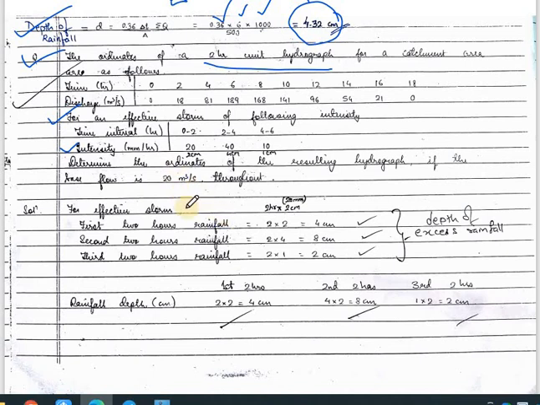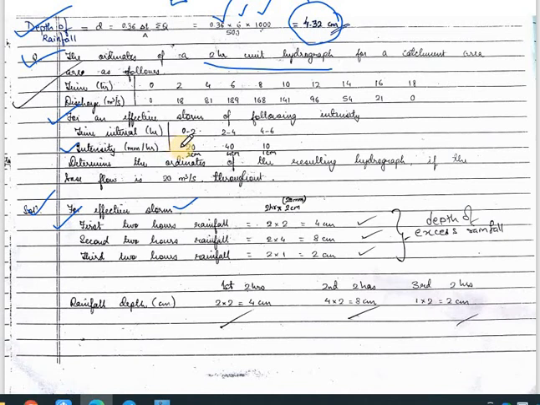First we will calculate the depth of excess rainfall, because there is some intensity of rainfall which is happening. Firstly we will calculate the effective storm. For the first 2 hours, the intensity of rainfall is 20 mm per hour.